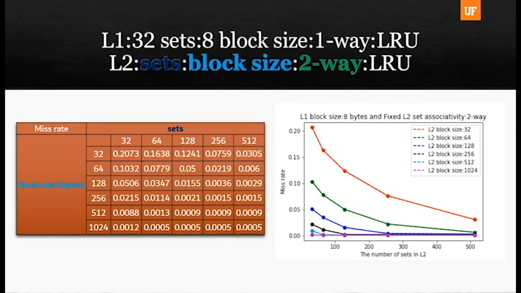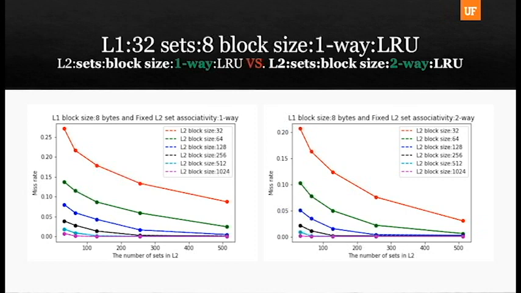The lines in different colors represent the different block sizes we set with respect to the number of sets, from 32 to 1024. We can see the trend that miss rate decreases when we have larger block size and more cache sets. In the next two figures, we compare the miss rate between one-way and two-way cache.